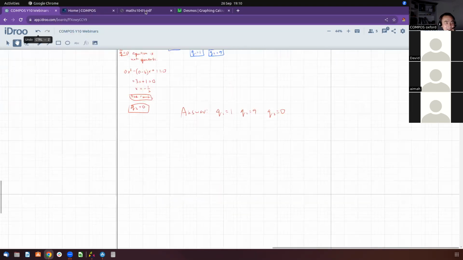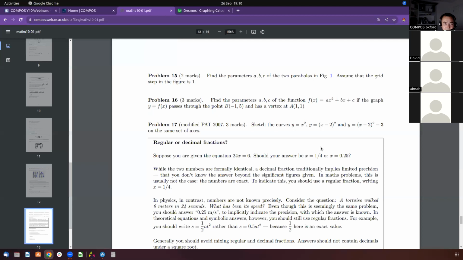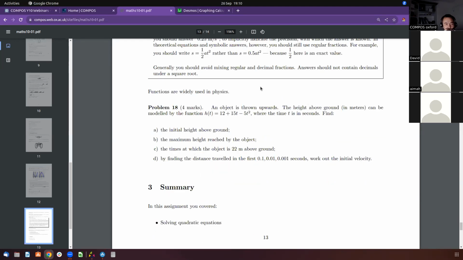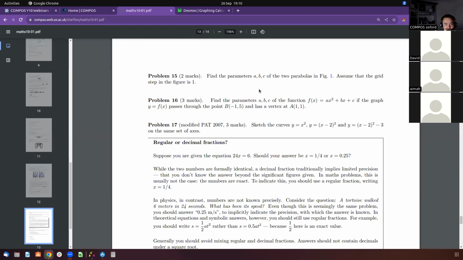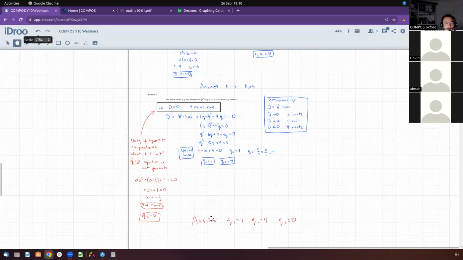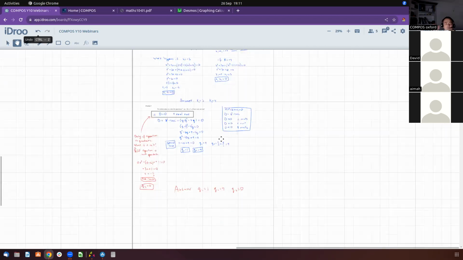Okay, so what do we have left? Let's have a look. The quadratic function. Gonna go over the very last question or something similar.